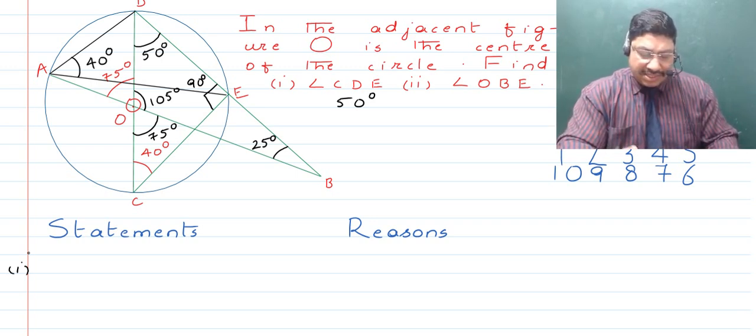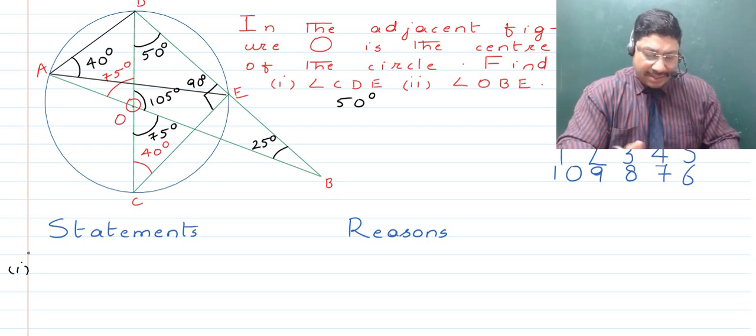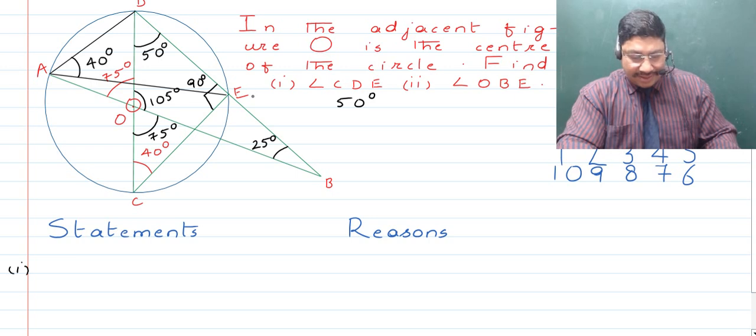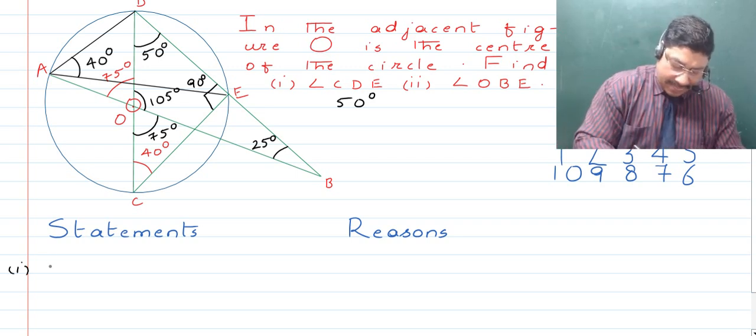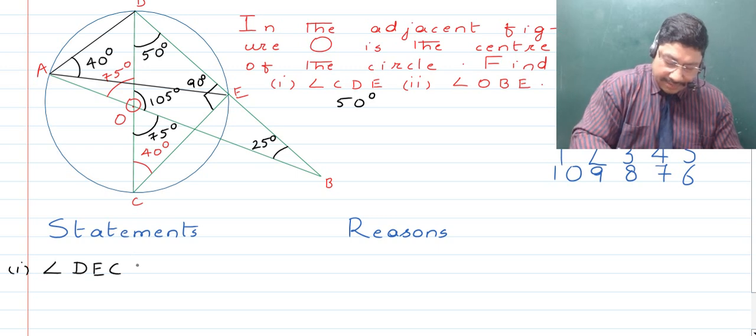Now if you talk about CDE, this is C, right? This is D, and this is E, right? And remember, this could have been found only because you got to see that this is the diameter of the circle. So the first thing that you're going to say is that angle DEC is equal to 90 degree.